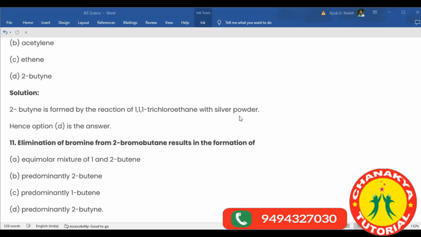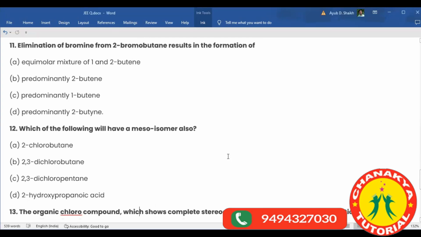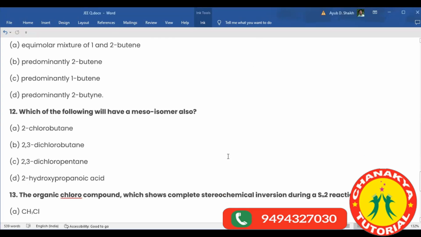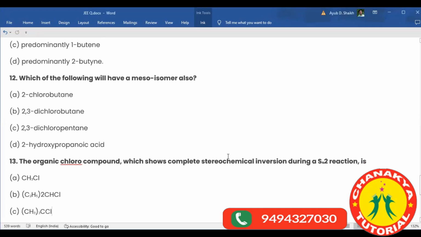Question number 12. Which of the following will have a meso isomer?